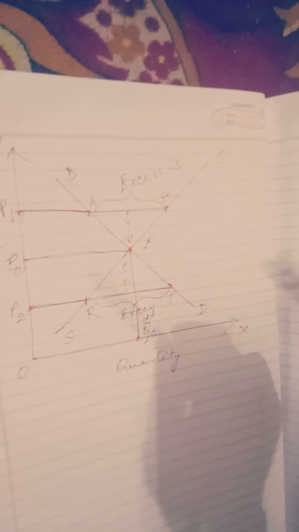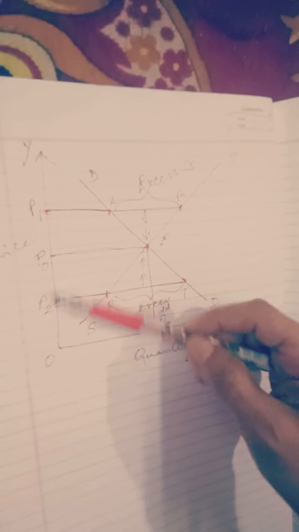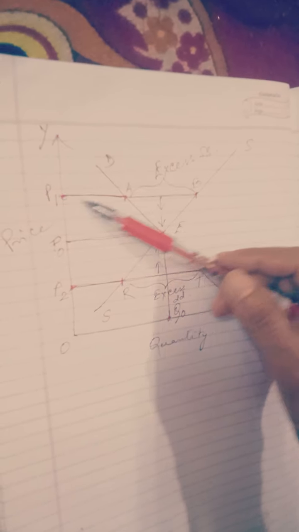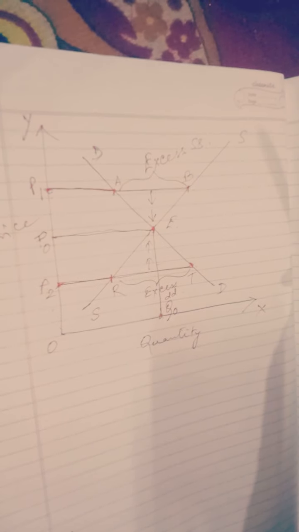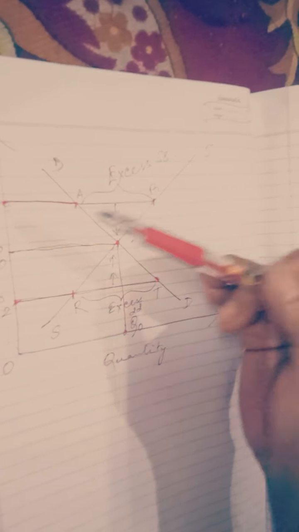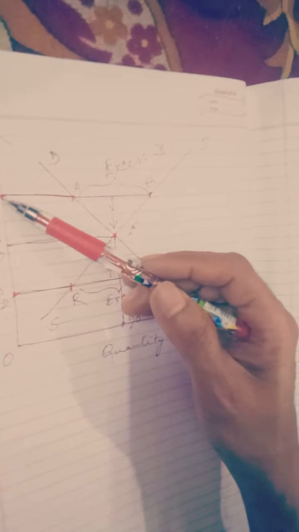So this is the basic thing of the diagram, of the process. Now I come to a little more detail. Let me consider a price OP1 which is above the equilibrium price. Here we notice at this price, quantity demanded is this much. I hope you can see P1A, this is the quantity demanded.